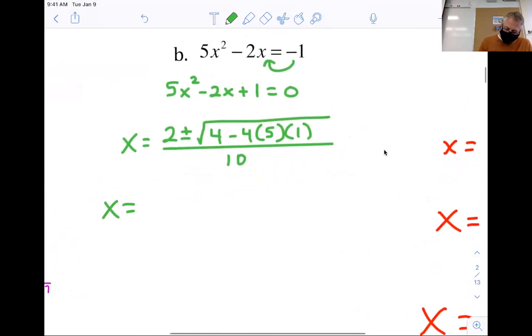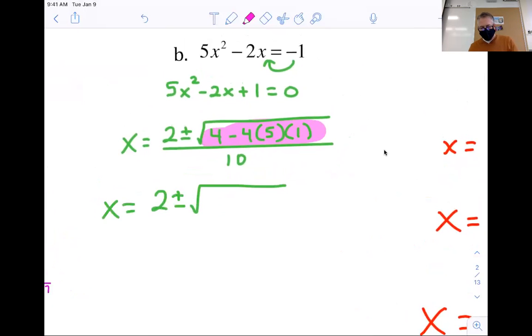So I have x equals 2 plus or minus the square root of, now this number under here is really important. So 4 times 5 times 1 is 20, and 4 minus 20 is -16, all over 10.